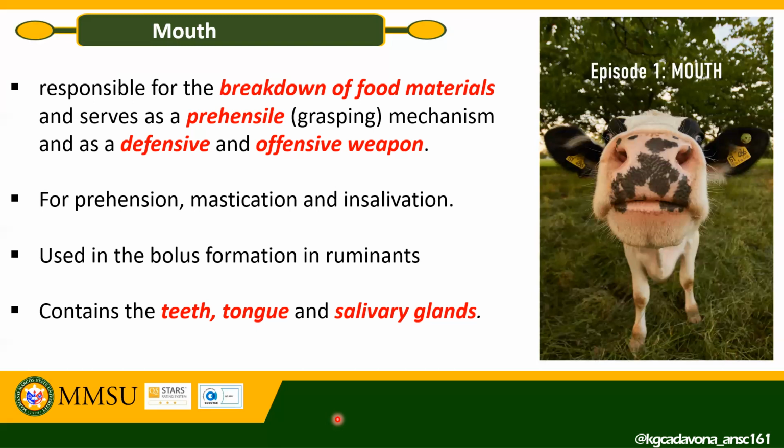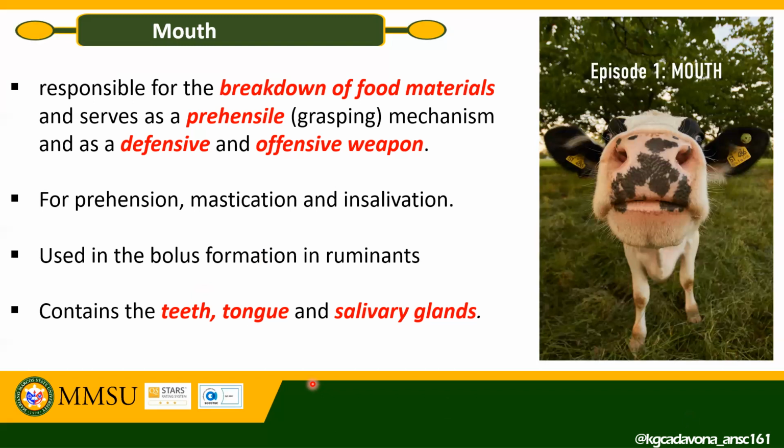Then for the tongue, it is a partner of the teeth. If the teeth are for mastication, the tongue is for grasping, or the prehensile mechanism mentioned earlier.